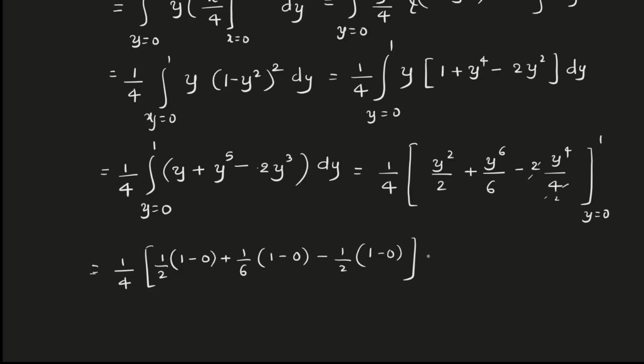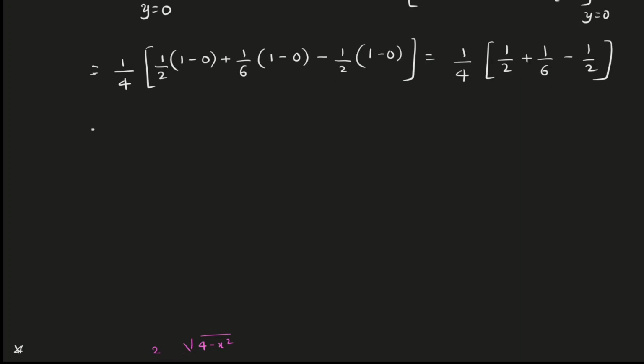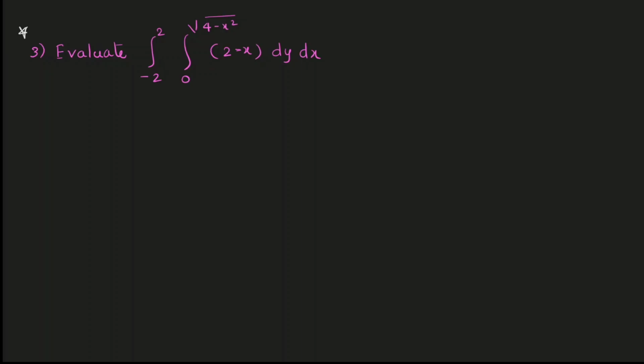So what happens? 1 by 4 into 1 by 2 plus 1 by 6 minus 1 by 2. Now again plus 1 by 2 minus 1 by 2, you get cancelled. So this is equal to 1 by 4 into 1 by 6.